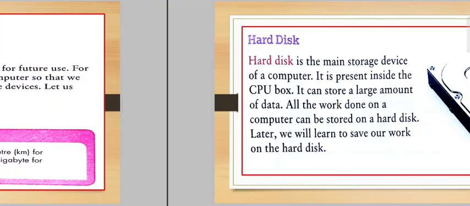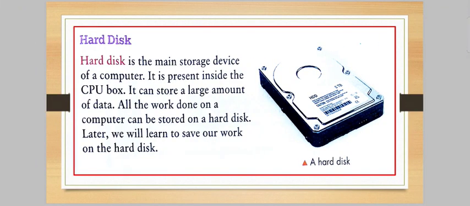The first storage device is the hard disk. Here you can see the image of a hard disk. The hard disk is the main storage device of a computer, and it is present inside the CPU box. It can store a large amount of data.